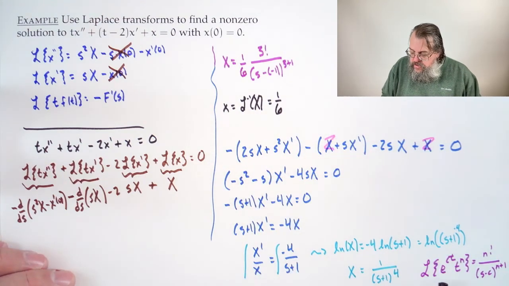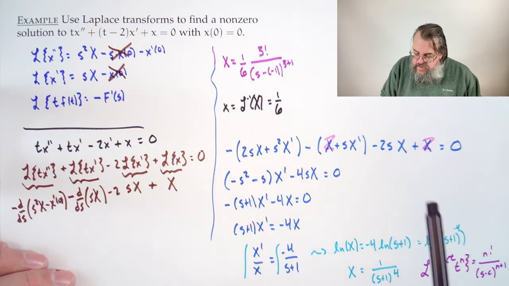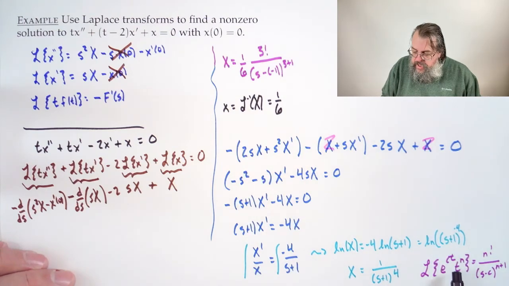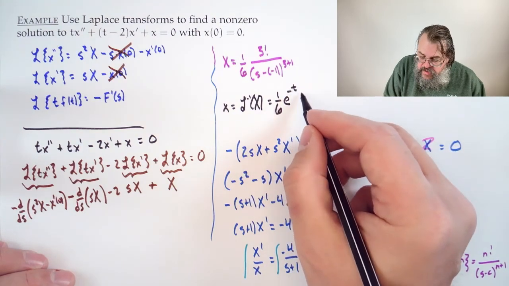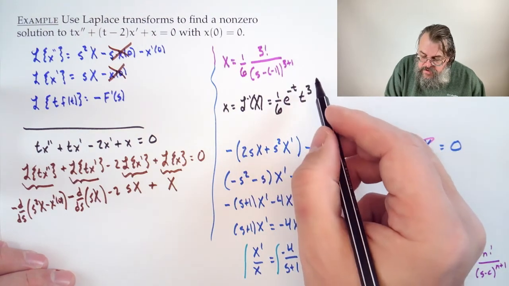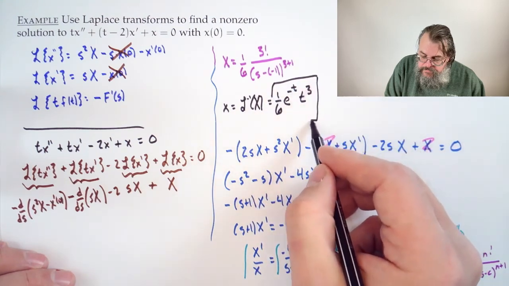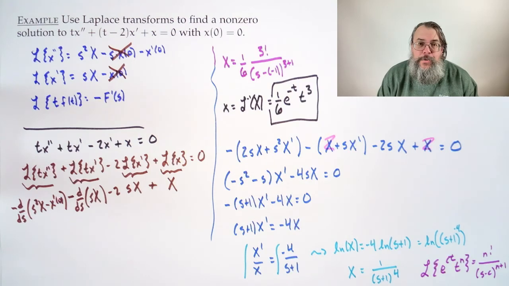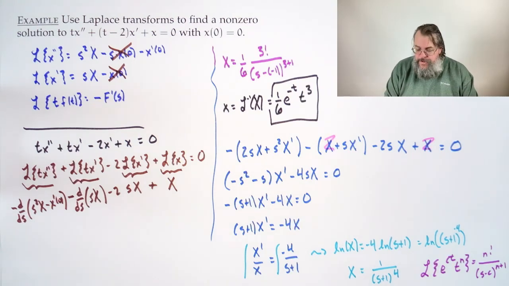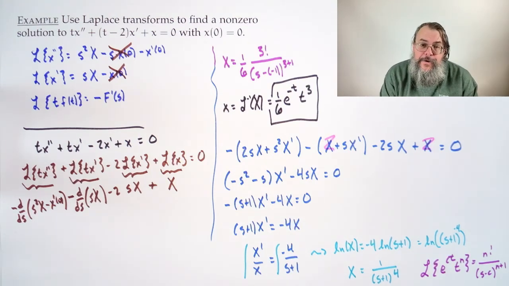And now we say, okay, c is minus 1, and n is 3. So it's e to the minus t times t cubed. And that's it. We're done. We did it. Woohoo!